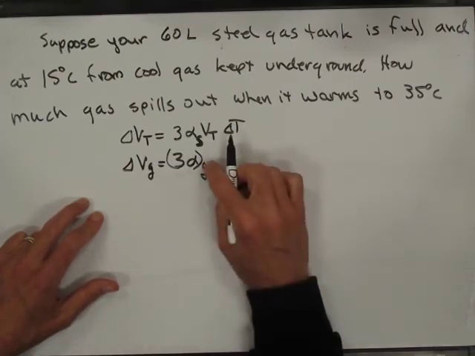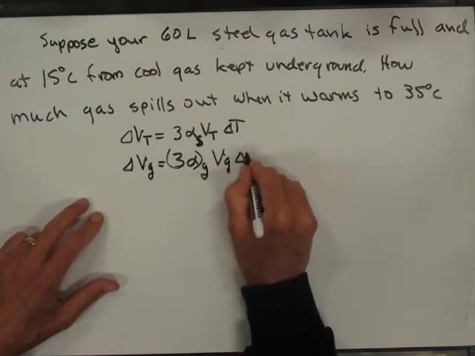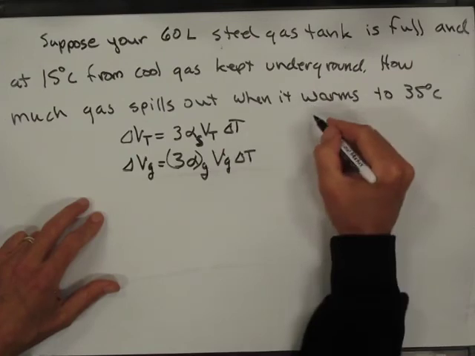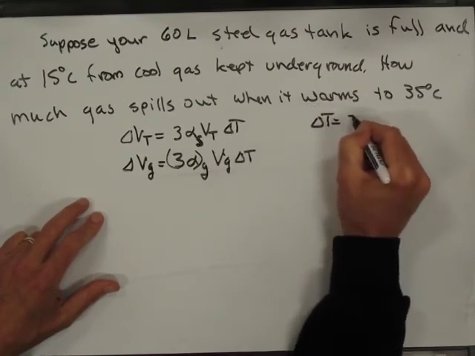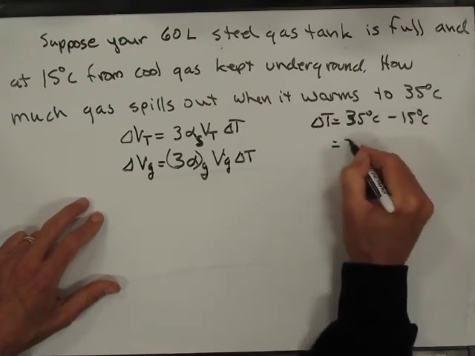You don't have to multiply it by 3 because I already gave it the 3 in there, but we'll put that number in a second. The delta T's are the same, because they both go from 15 to 35, so delta T is 20.